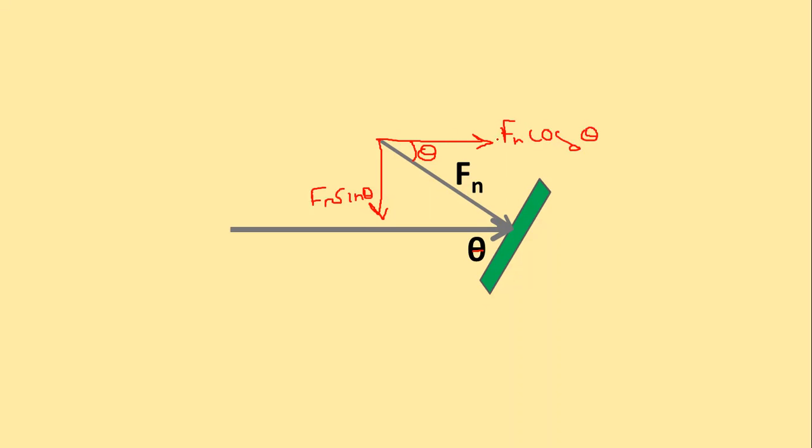Now Fn cos theta is horizontal, and the line of action of the jet is also horizontal. So we give Fn cos theta as the component, which is nothing but equal to Fx, and Fn sin theta will be nothing but equal to Fy, that is in the y direction. So let us see.